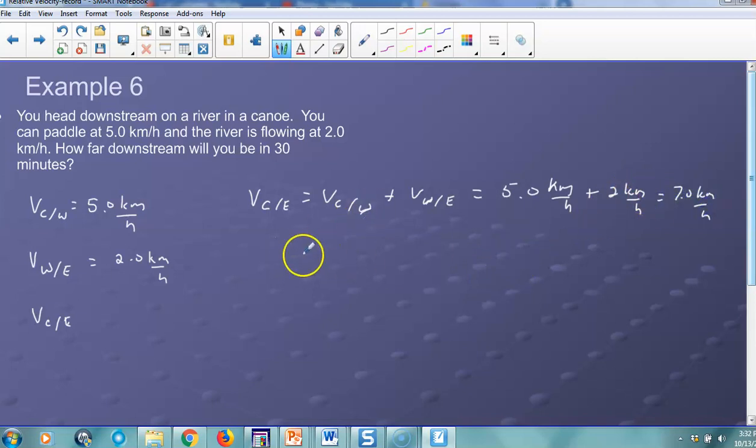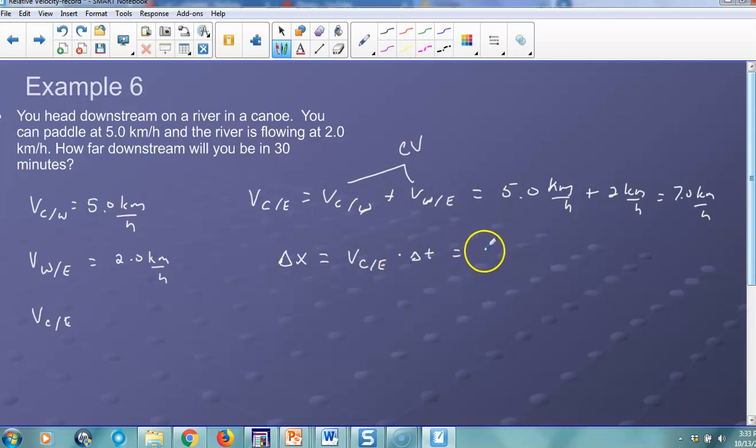So that's 7 kilometers per hour. And you've got that in 30 minutes. So we're assuming that the river and the canoe are both constant velocity. So our delta x, our displacement down the river, we'll put the x-axis along the river, is going to equal the velocity of the canoe relative to the Earth times delta t.